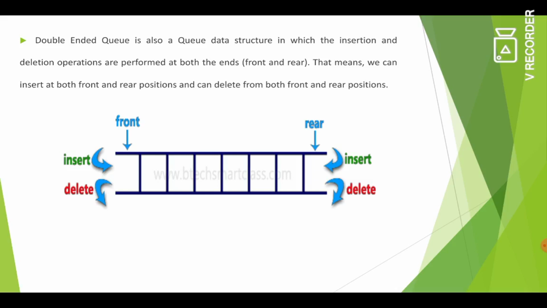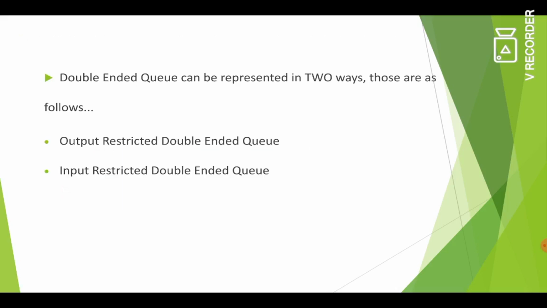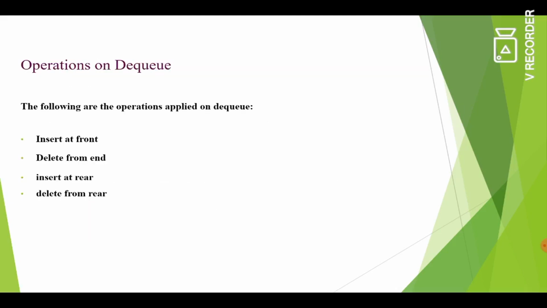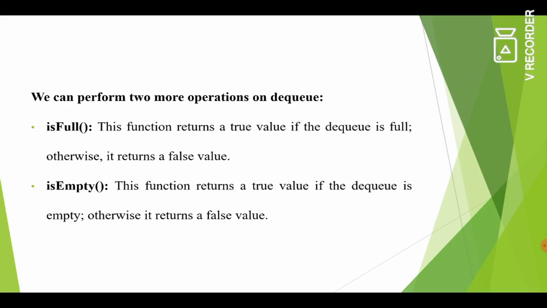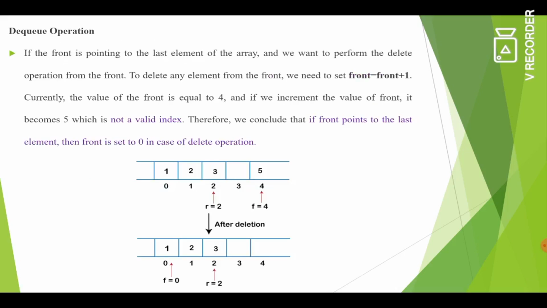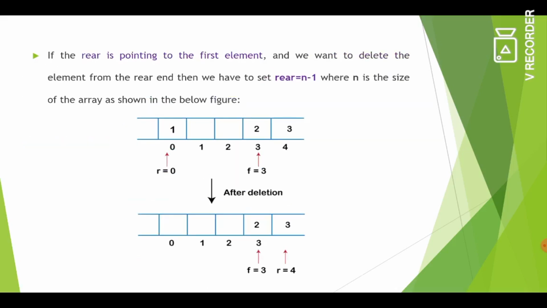That's why it's called double-ended queue. We have two types, output restricted double-ended queue and input restricted double-ended queue, and some of the operations that can be performed on DQ. Then the procedure for insertion and deletion we have studied.